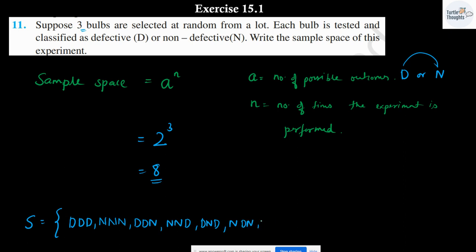Next, you can have defective with defective and non-defective, non-defective, defective and non-defective. NND is done, right? DDN is also done. Next, what do I have to take? NND. Yes, so I will be writing NND.